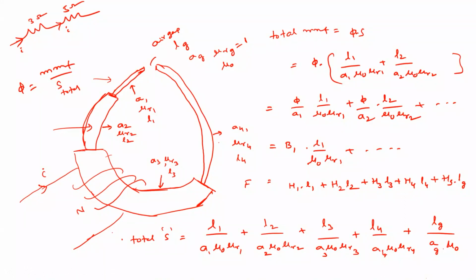Flux density is magnetic field only, no, sir. Magnetic field and magnetic flux both will be same. So magnetic field or magnetic flux usually are termed as same. Magnetic flux density is different.